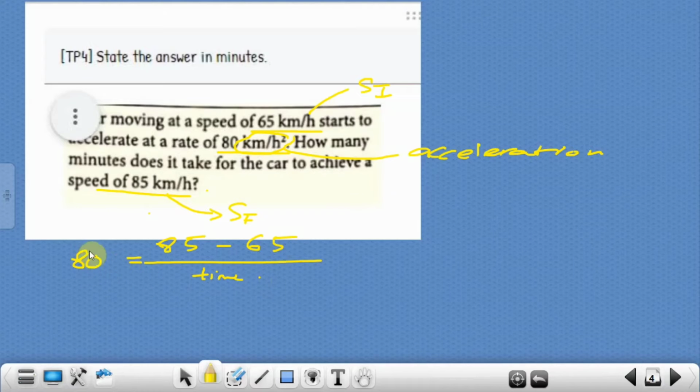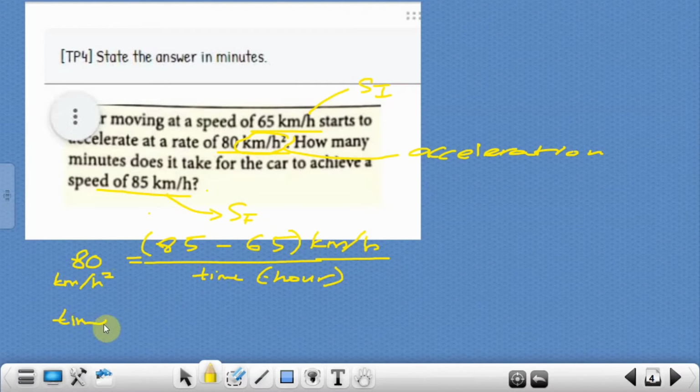Remember, this 80 is kilometer per hour square, and this one is kilometer per hour, the speed. So the time that we will get here is in hours, because the units here are all in hours.